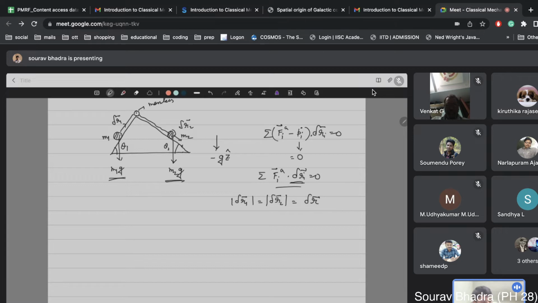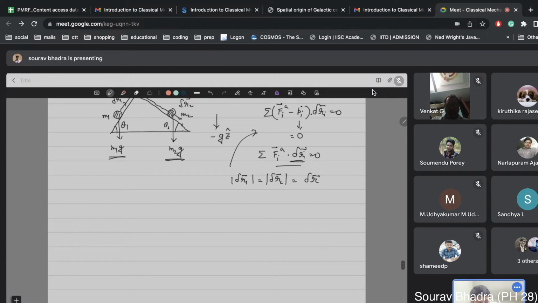Now we will put all this in D'Alembert's principle: Fi external · delta Ri = 0. For mass 1, that is m1g · delta r1, plus m2g · delta r2 for mass 2, equals 0.